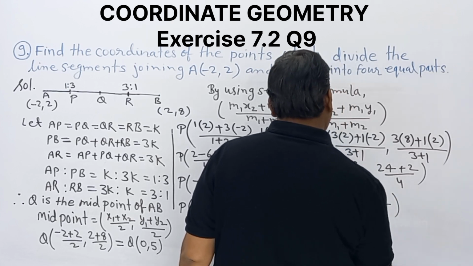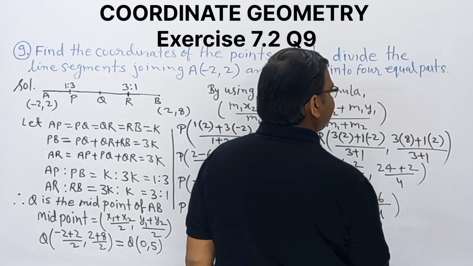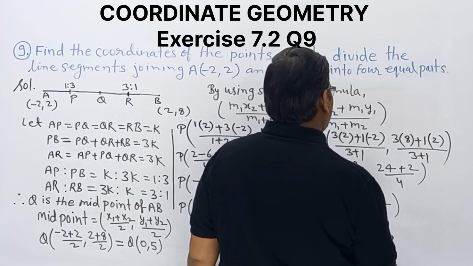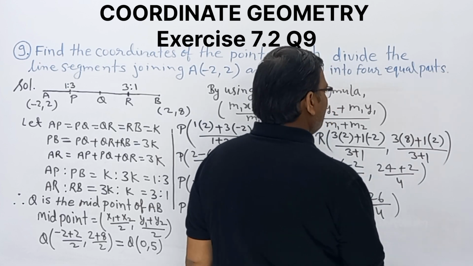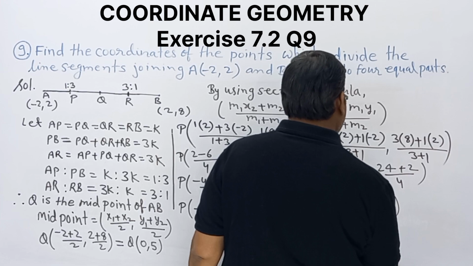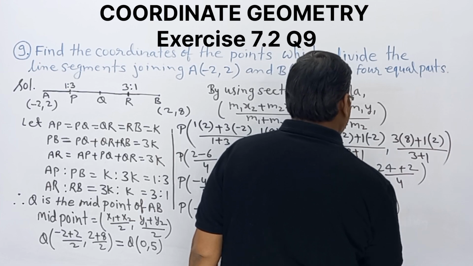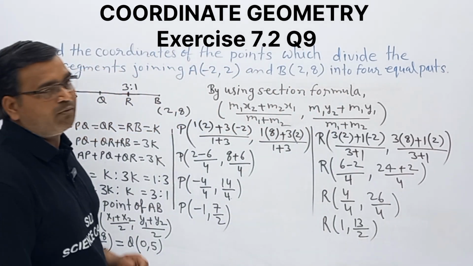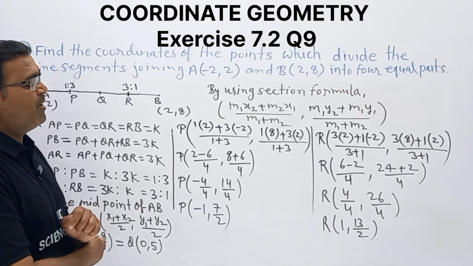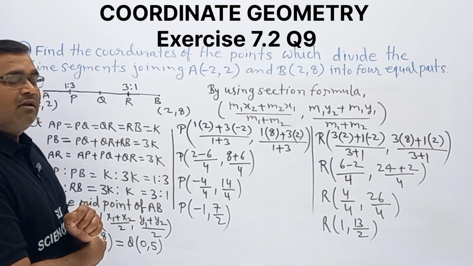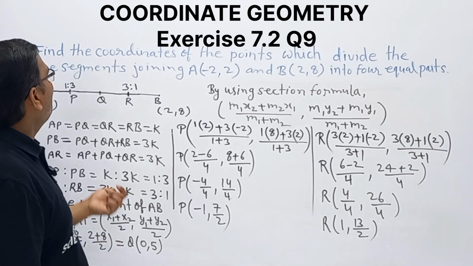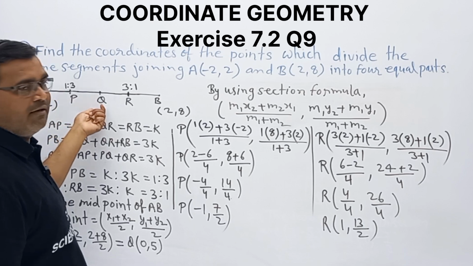Solve: 1 comma, and solving this one, it will be 13 by 2. So the coordinates of R will be 1 comma 13 by 2. So we obtained all 3 points' coordinates.